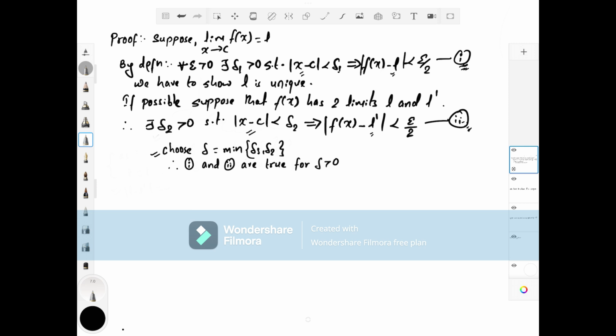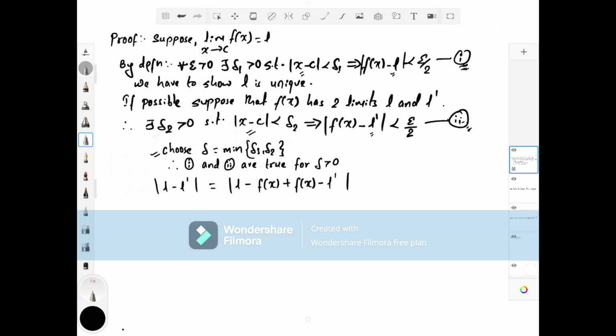Now, let's find the value of modulus L minus L prime, because we have to show the difference between them to be 0. If we are able to show that, then our theorem will be proved. Now, the difference between L and L prime, we can write as modulus of L minus f of x plus f of x minus L prime. They both are the same thing.